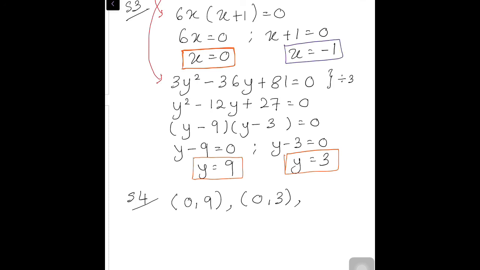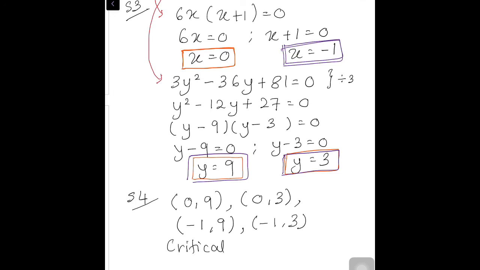Then we match x equal to minus 1 with y equal to 9. So we have (minus 1, 9). Then x equal to minus 1 again with y equal to 3. So we have (minus 1, 3). So obviously we have 4 critical points. And we finish answering this question.